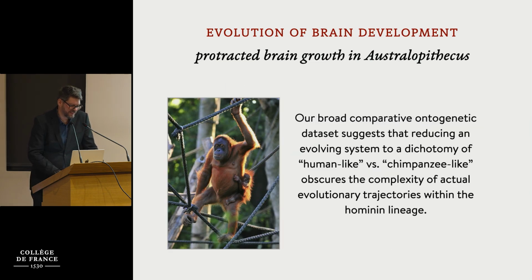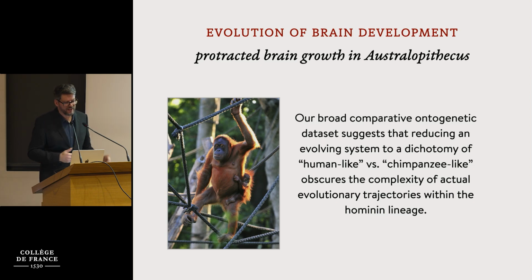And what we are suggesting is that basically these systems are highly flexible, right? That brain growth patterns can vary even among closely related hominids, and there's no reason to assume that they cannot vary among hominins, right? And there's other evidence that Jean-Jacques Hublin published some time ago, where it's not clear, for example, how protracted and prolonged the brain growth in Homo erectus was.